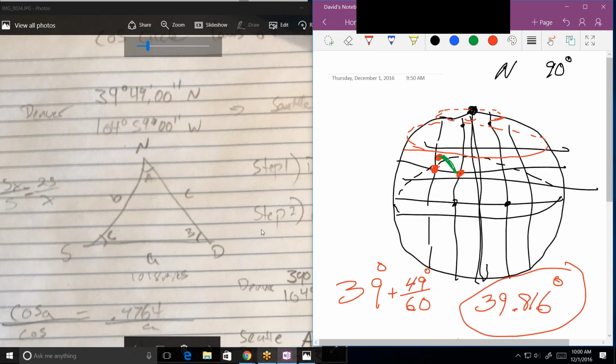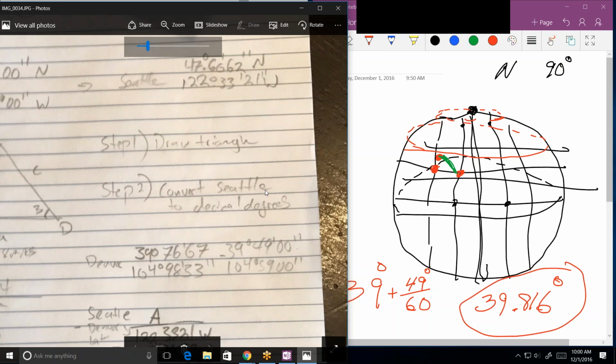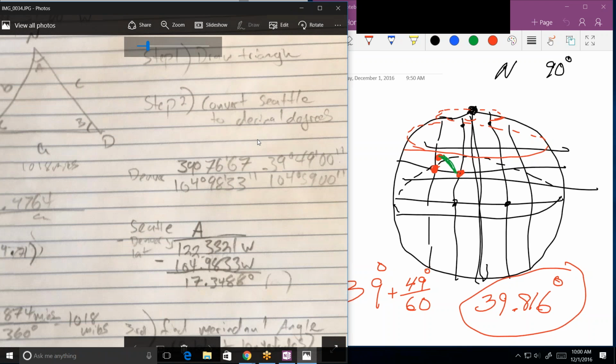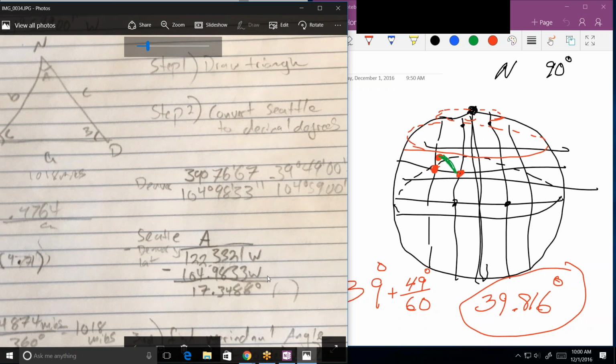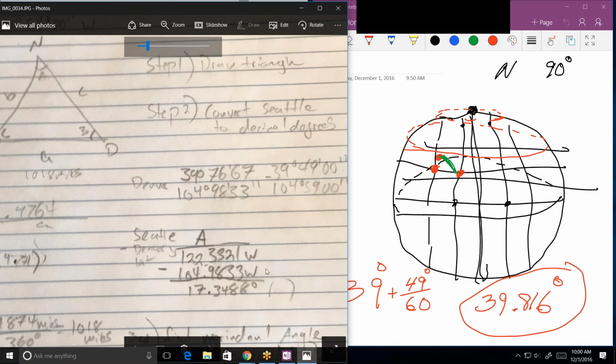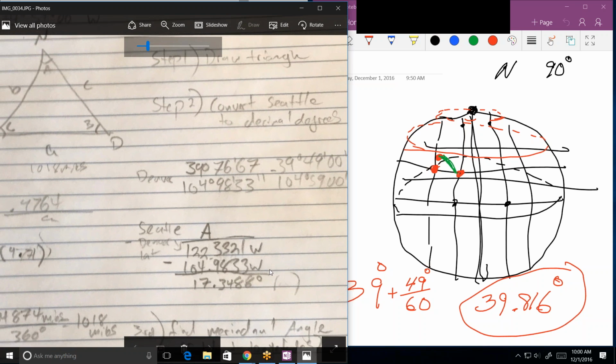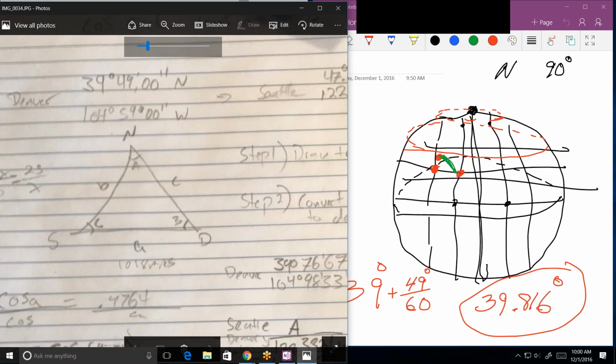Okay, and that's why it says convert to decimal degrees. Did we do that? Yeah. Seattle comes in at 104.98. Notice that Seattle was 104 degrees, 59 minutes. That's 59 divided by 60 degrees.